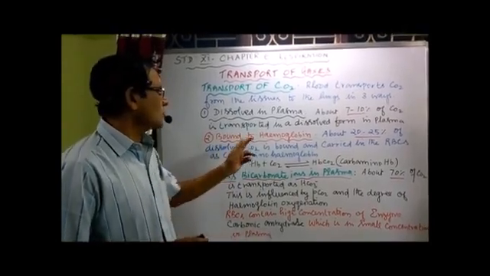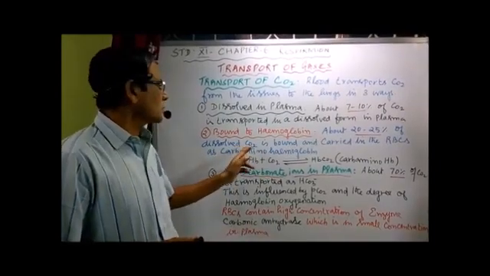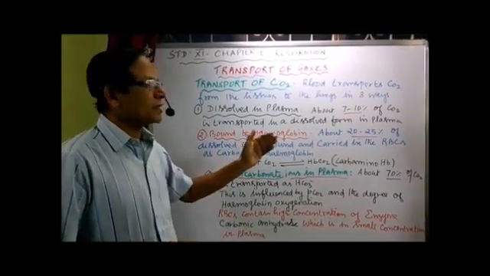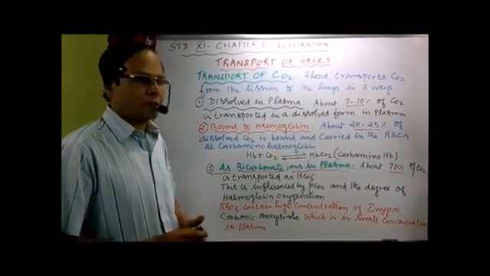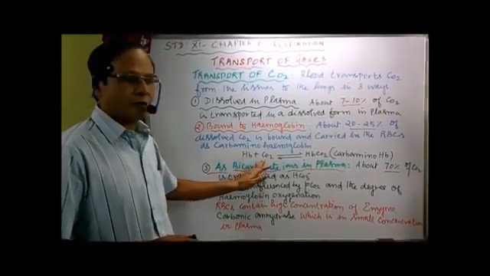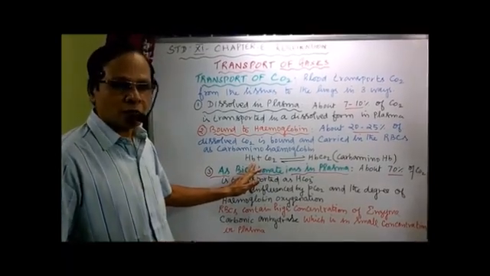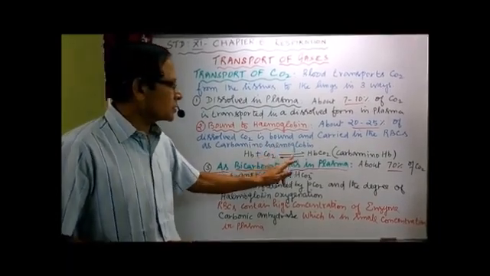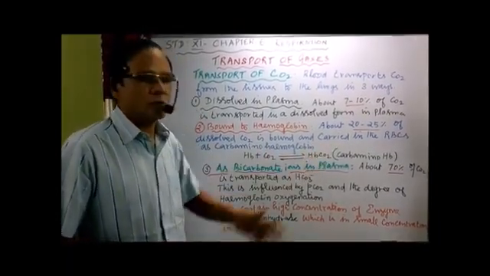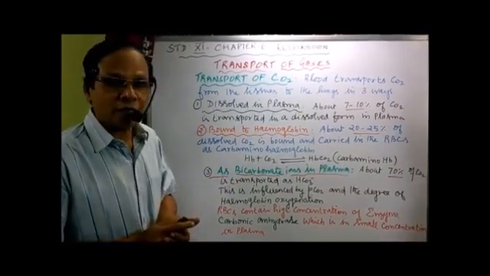The second one, bound to hemoglobin. About 20 to 25% of carbon dioxide is bound and carried in RBCs as carbaminohemoglobin. That is, the hemoglobin binds with the carbon dioxide. The amino group present in the protein globin combines with the carbon dioxide, so that we get carbaminohemoglobin. Hemoglobin has nearly 586 amino acids.